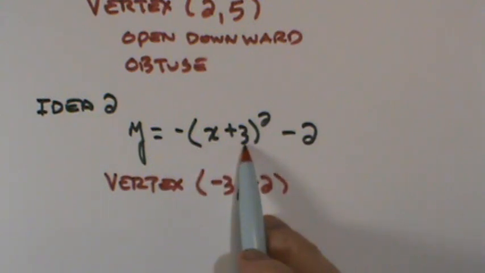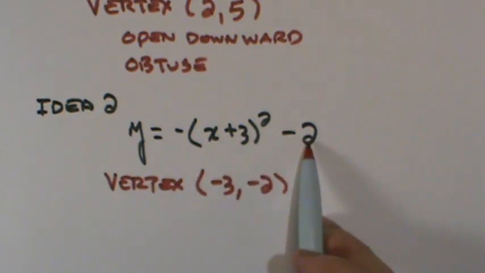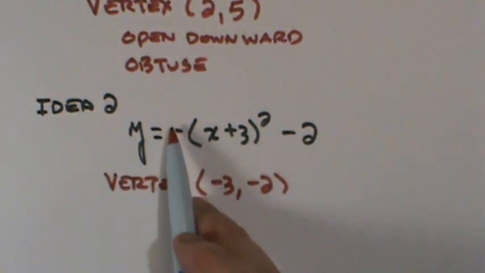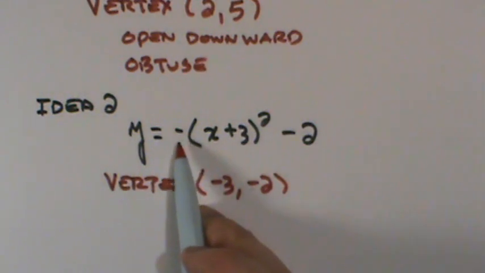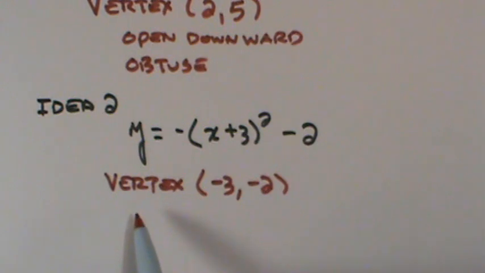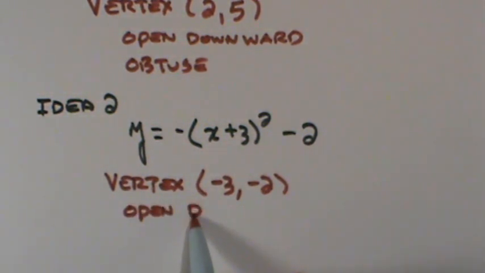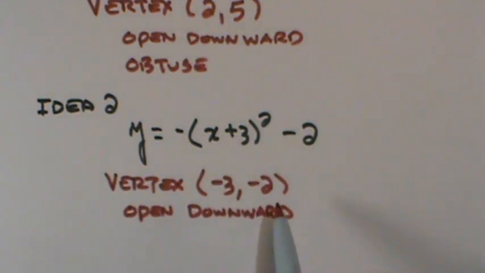So you take the opposite of what's in the parentheses and keep what's on the outside. Looking in front of the parentheses, my a value, it's an implied negative 1. Because it's negative, once again it would open downward. So it opens downward. Because it's a 1, it tells me it would be a standard opening.